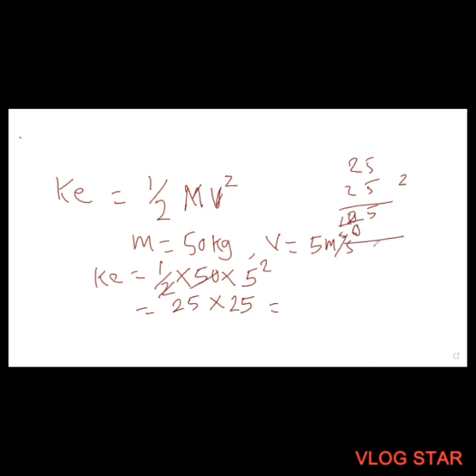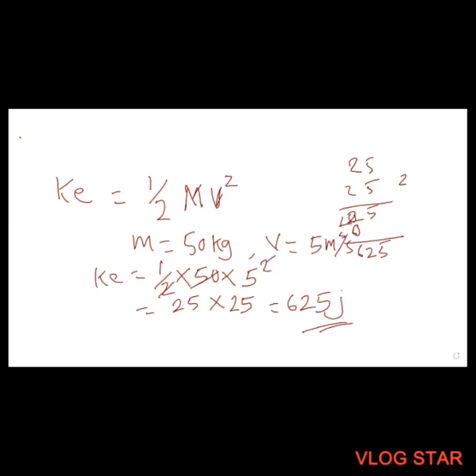So we are going to have 625. Our answer is 625 joules, because the unit of energy is joules. This is how we calculate the kinetic energy of a given mass.